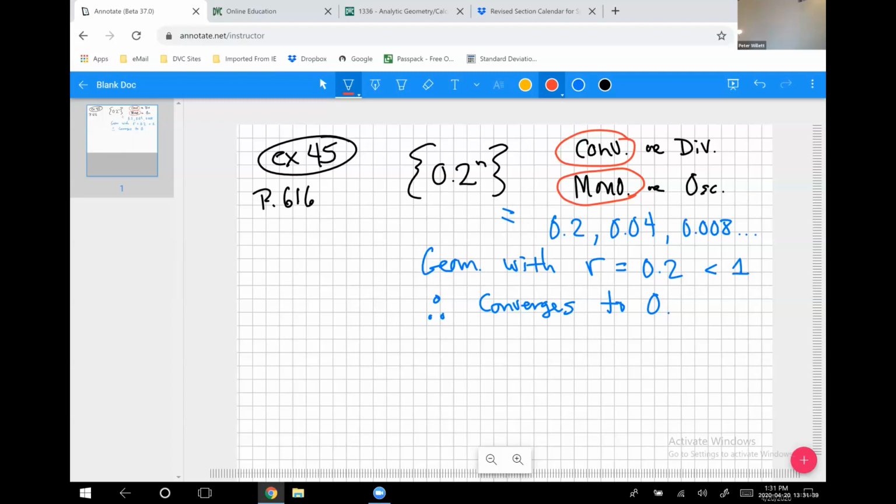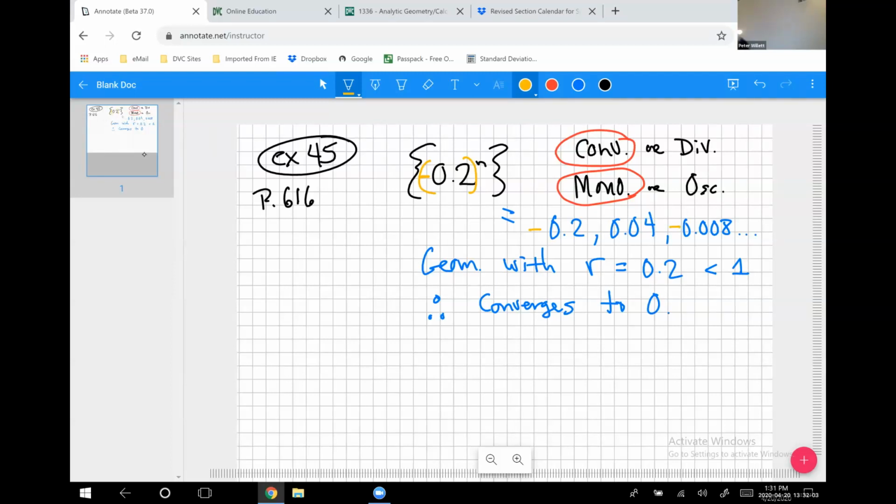So just for comparative purposes, if I changed this problem a little bit, so let's say instead that this was negative 0.2 to the nth power, then the first one would be negative, then the second one, because it was squared, would be positive, then the third one would be negative.